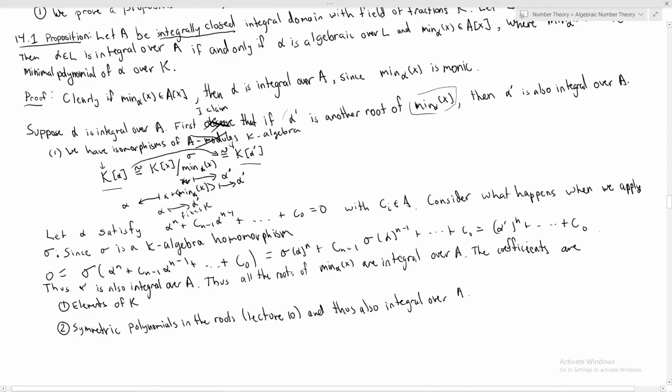There are elements of K which are integral over A, 1 and 2 together with the integrally closed hypothesis. This implies the minimal polynomial of alpha of x has coefficients in A, as desired.